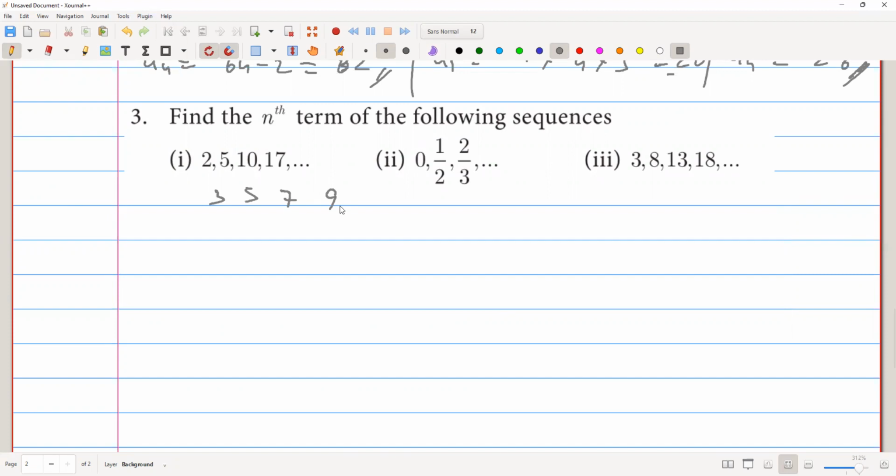So what would be the sequence? n plus 3? Yeah.